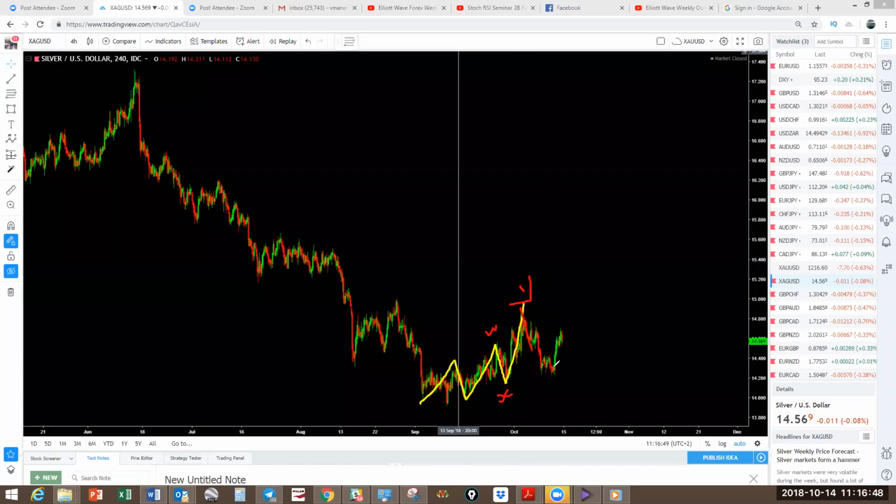Now you've got this one here. Now you're looking for this one. Are you going to get a 3? Push higher to complete this bigger WXY. So that's what you're going to be looking at. This structure here should actually just be a three-wave move like that.